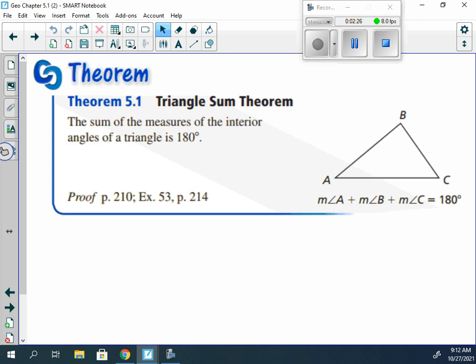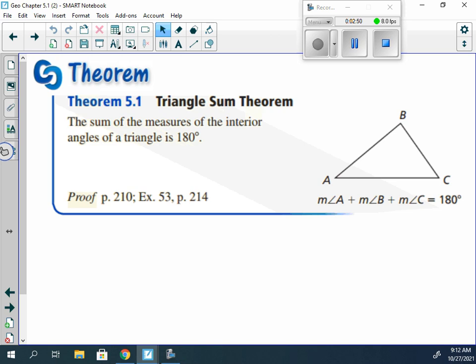Now, the Triangle Sum Theorem, we know this already. Any three angles in a triangle add up to be 180 degrees. And there's different ways that we could prove that that's true or show that's true. But it will always work out that any three angles add together to be 180.